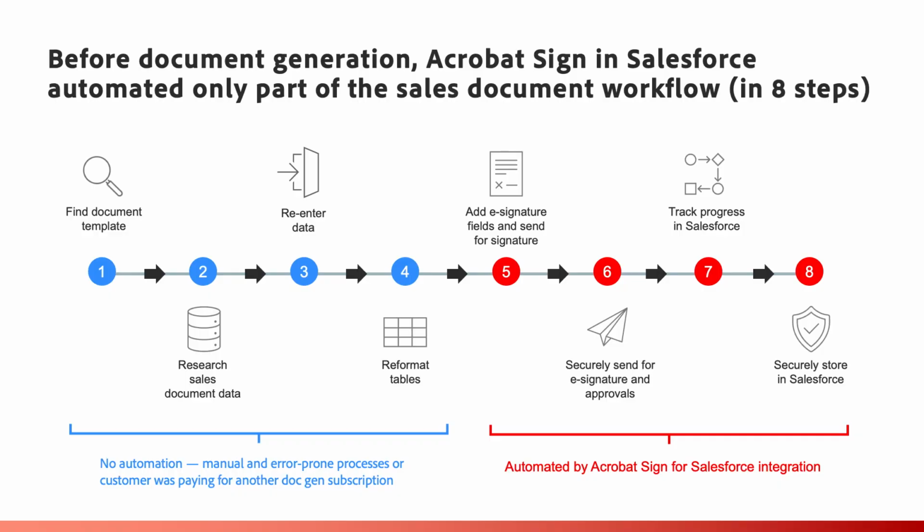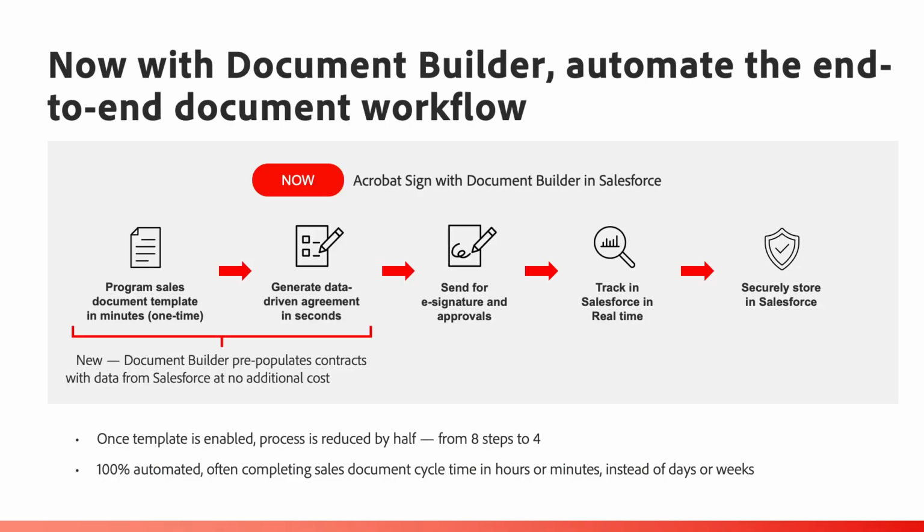And so once the document is actually created, the Salesforce and Acrobat Sign integration automates the remaining phases, often getting agreements signed in minutes, which you see here in the red portion, right? You enter your data, you look for your data in the documents, and then the automated phase of the e-signature is shown on the later half, 8 steps. Now, let's take a look at what the workflow looks like with Document Builder and how it automates the end-to-end document workflow.